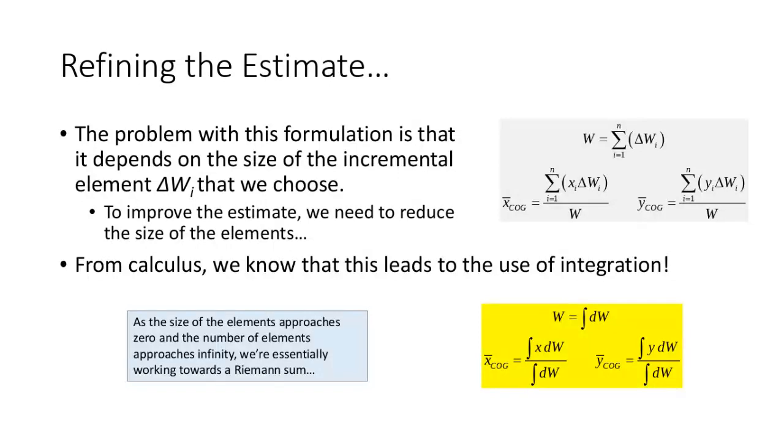The problem with this definition in the gray is that it's contingent on these delta W's. In other words, the bigger I choose a delta W, the worse the estimate might be. The smaller those delta W's get, the better the estimate's going to be. It's going to be a lot more summation, but my answer as to where the X and Y coordinates of the center of gravity are is going to be better.